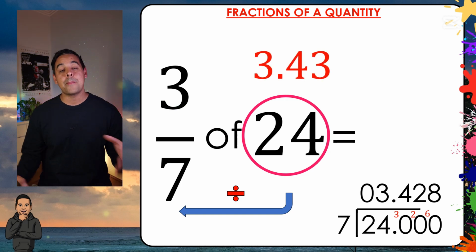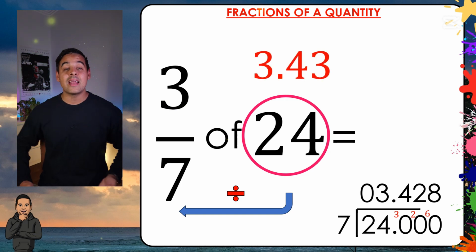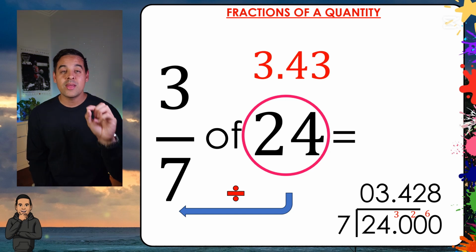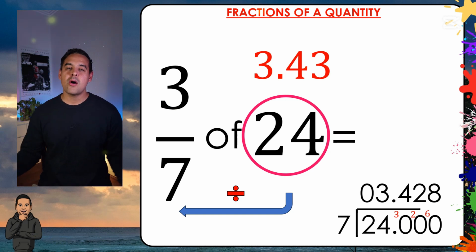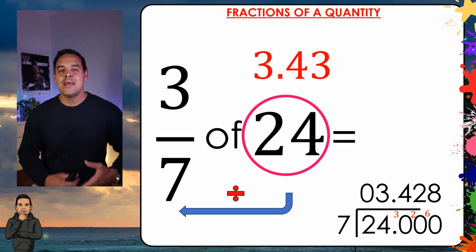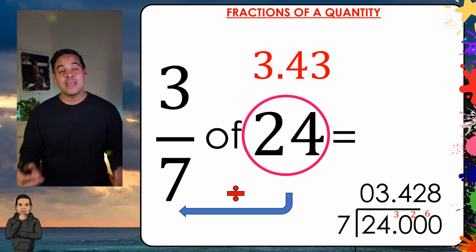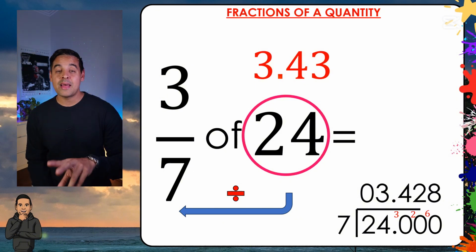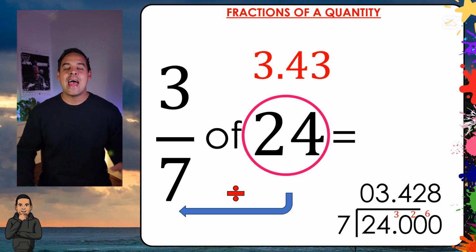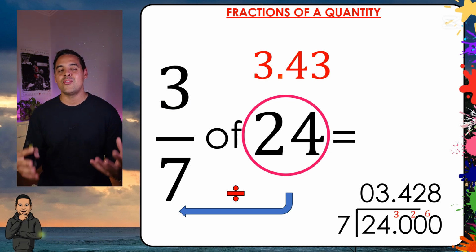We're going to put that up here. Now I would round it up to 3.43, because if you multiply 3.428 by 3, it's going to take you a long time. We can just simply round up our decimal to 2 decimal places, so 3.43, and that will give us the most accurate answer.